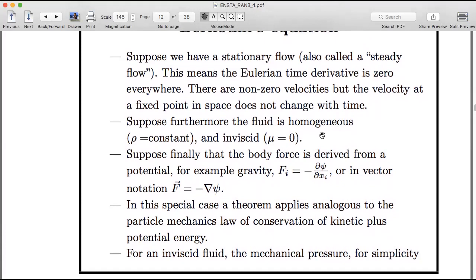Let's furthermore assume that the fluid is homogeneous. That means the density is constant. It doesn't have to be homogeneous in terms of other quantities. I'm sorry, the terminology is a little bit confusing, but you just have to know how people use this language. Homogeneous means the density is constant, not the pressure and not the velocity.